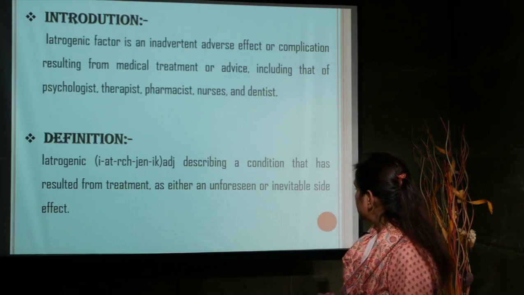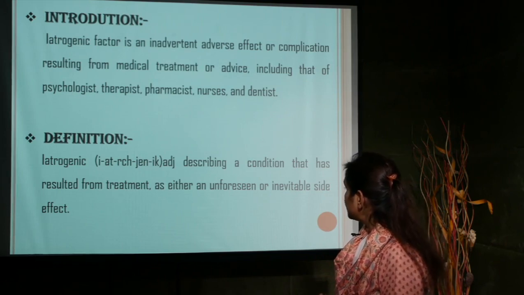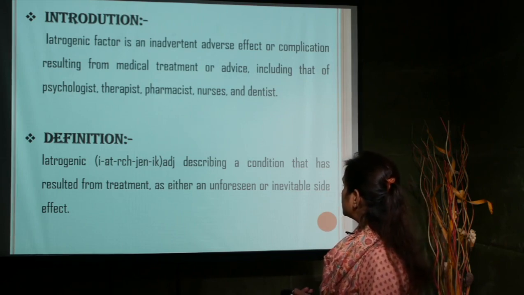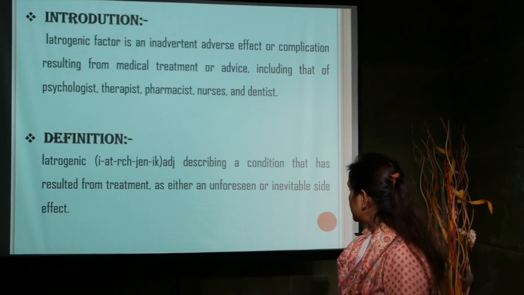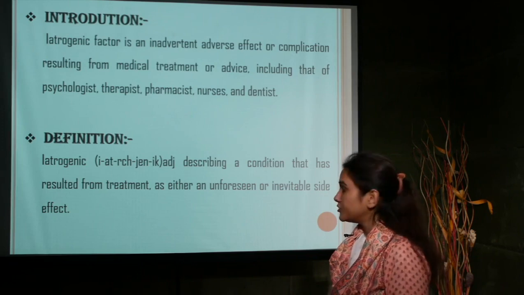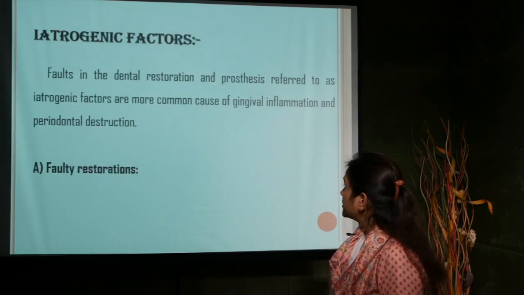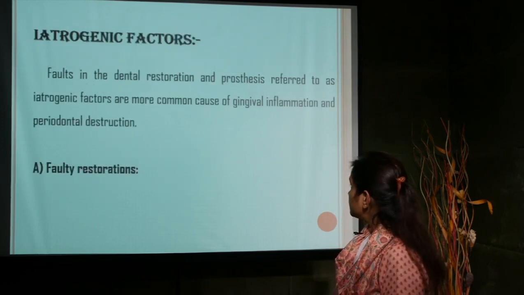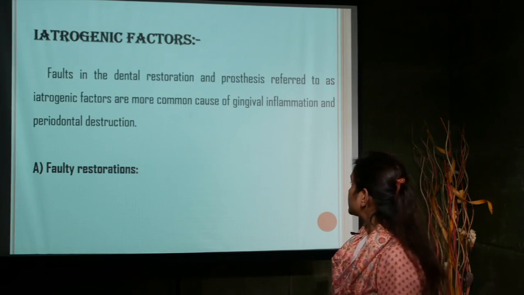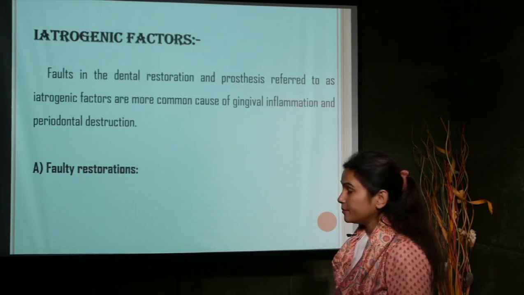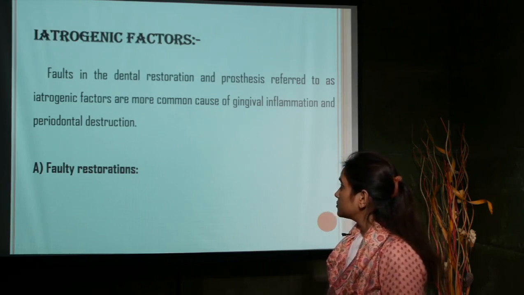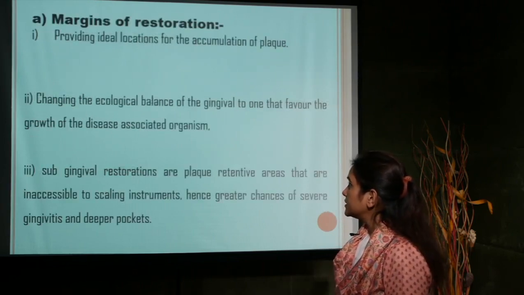Iatrogenic describes a condition that has resulted from treatment as either an unforeseen or inevitable side effect. Faults in dental restoration and prosthesis are among the iatrogenic factors, and these are a common cause of gingival inflammation and periodontal destruction. So, one of the factors is faulty prosthesis.